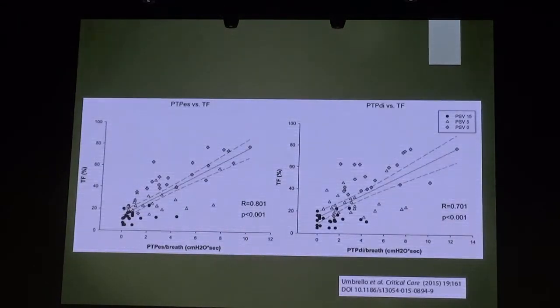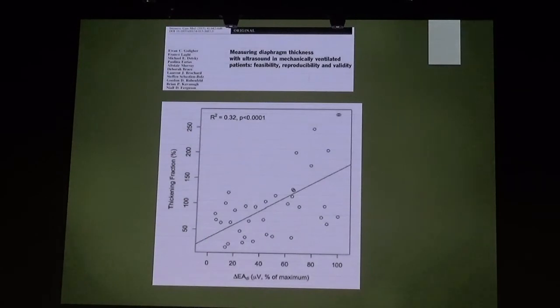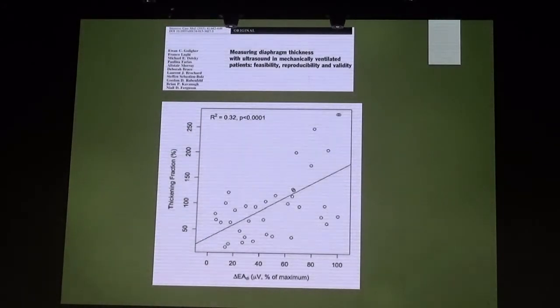And in this other study, Dr. Umbrello and colleagues correlated very well the thickening fraction with the esophageal pressure and transdiaphragmatic pressure, again in ventilated patients under pressure support. Dr. Goligher and co-workers, in this study, correlated also thickening fraction with the electrical activity of the diaphragm. This is very interesting, but this is in healthy patients.